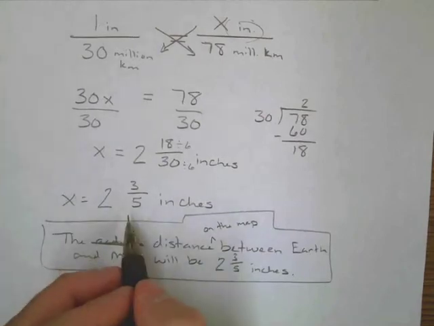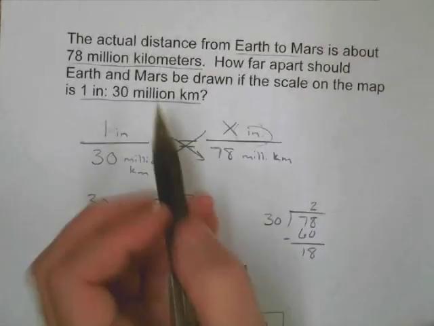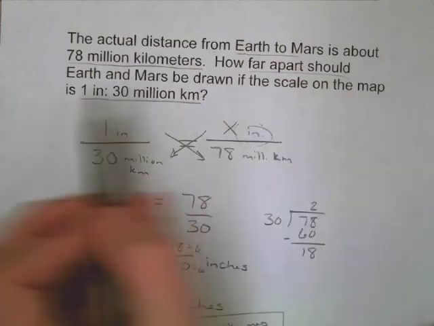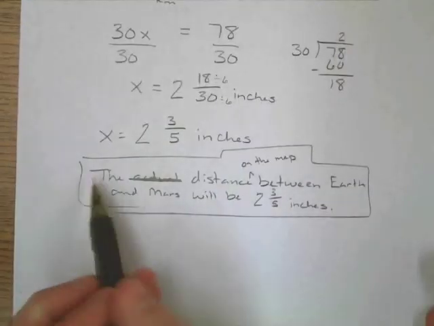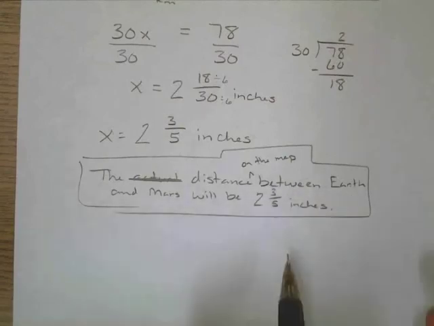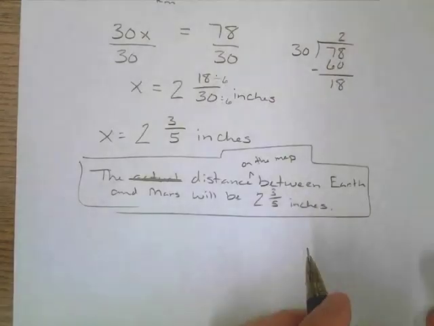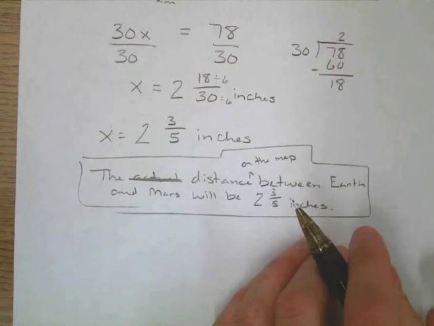And notice that I almost made an error there. I needed to go back and double check my question. How far apart should they be on the map? So not the actual distance, but the distance on the map between Earth and Mars will be 2 3/5 inches. Always good to go back and double check your question.